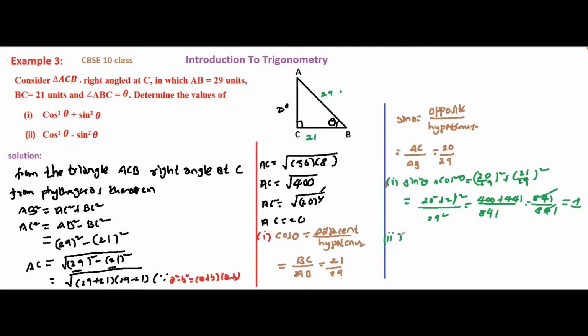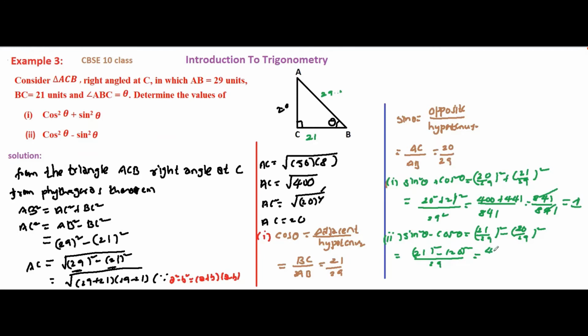And the second one is cos square theta minus sin square theta. By the same process, 21 by 29 whole square minus 20 by 29 whole square. The denominator is the same, so we write 21 square minus 20 square by 29 square.